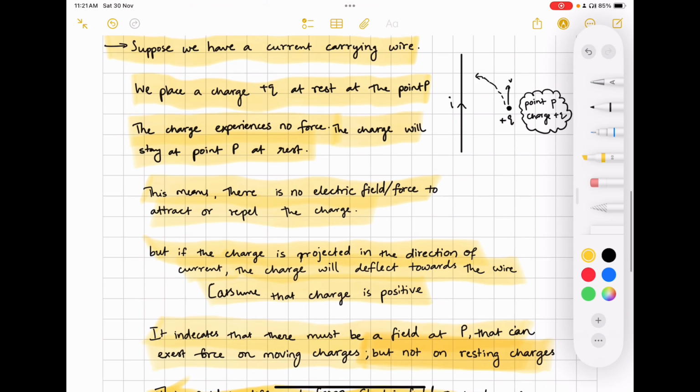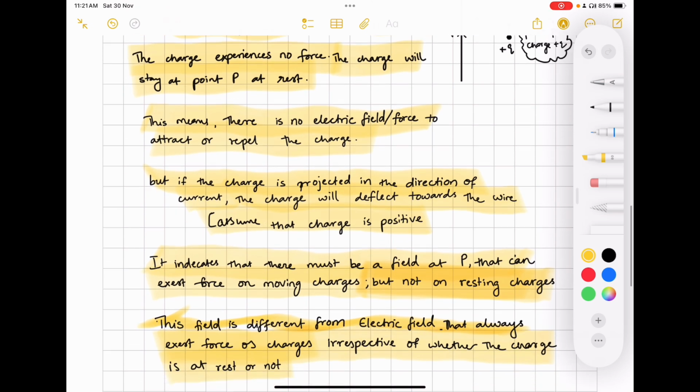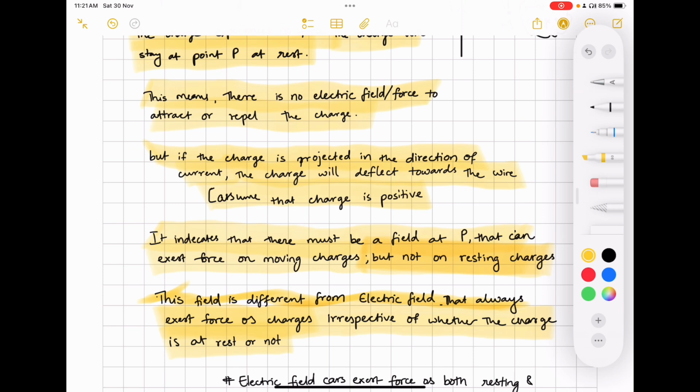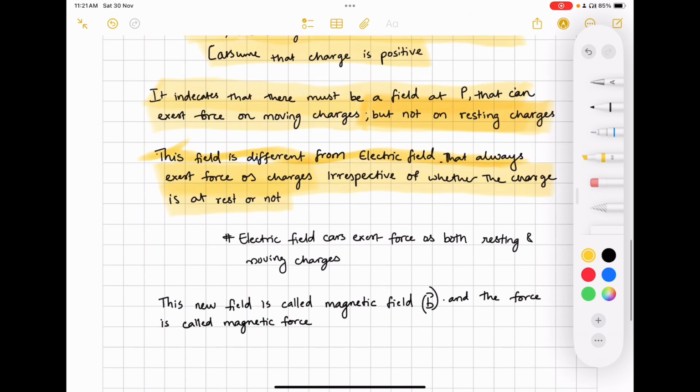So this new field is called magnetic field B, and the force is called magnetic force.